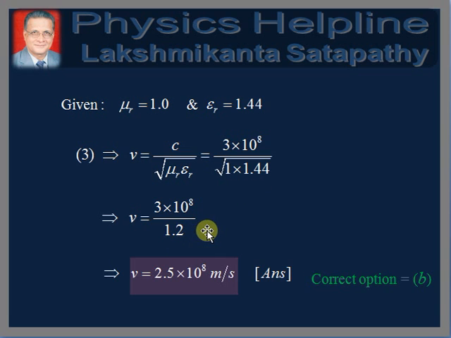Therefore, we get v is equal to 3 into 10 to the power 8 divided by 1.2, which gives v is equal to 2.5 into 10 to the power 8 meters per second, which is the answer to question 2. Therefore, the correct option is B.